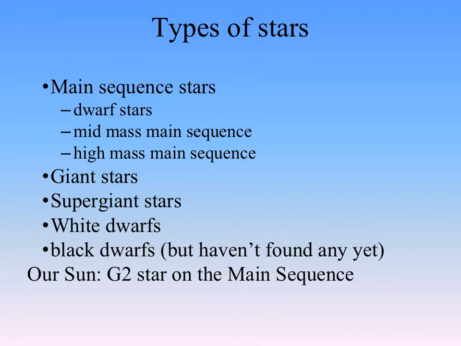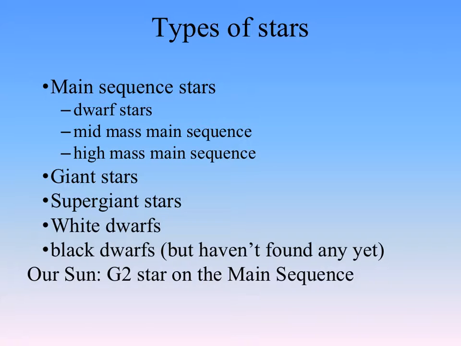So along that main sequence, even though that is an area that can be thought of as an average, and that's an area where almost all stars fall, we can still break up that main sequence into dwarf stars, mid-mass stars, and high-mass stars. What all stars on the main sequence have in common is that they are all in about the middle stage of their life. They're all stable. So we find 90% of stars there because stars spend 90% of their life there.